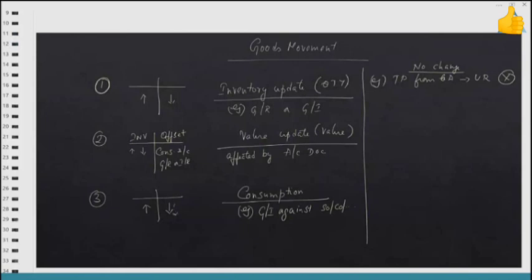Now, a no change example is scrapping. In case of scrapping, there is not really any change in consumption. Or another example is transfer posting from QA to unrestricted stock. In this case also, there is no change in consumption because nothing is really being consumed.